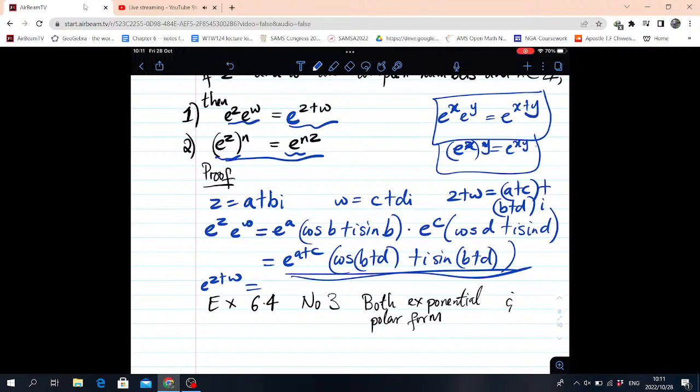Right, and now we go on to something that is fundamental in maths, that is Euler's identity.